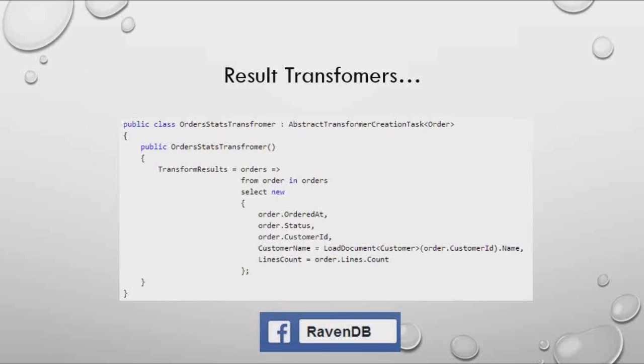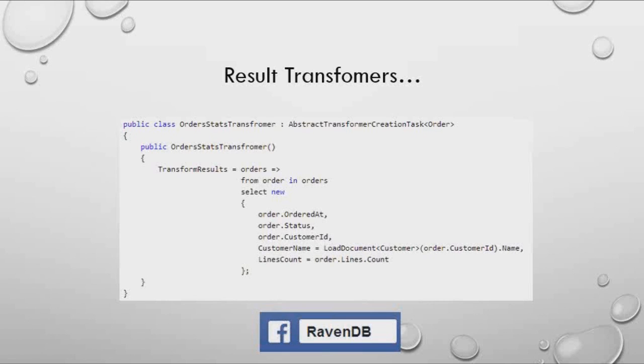A result transformer behaves very much like an index, in the sense that you create it in pretty much the same manner. You have an abstract transformer creation task and so on. Notice that you can do interesting operations like load document in there. So you're not limited to just any old transformation. You can also touch other documents and pull stuff from them.